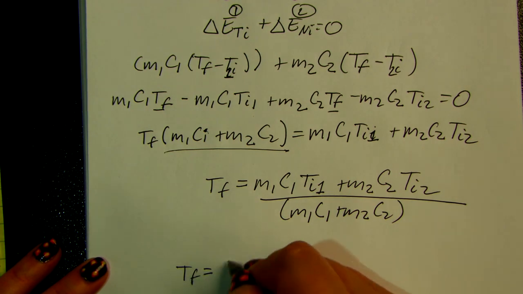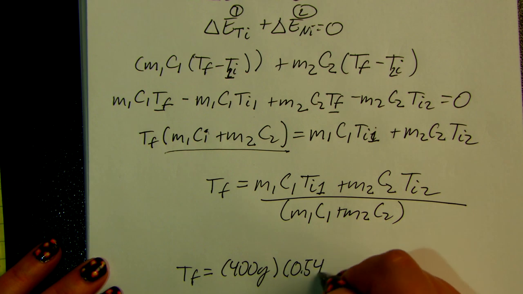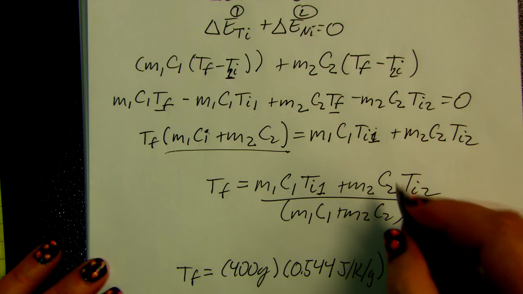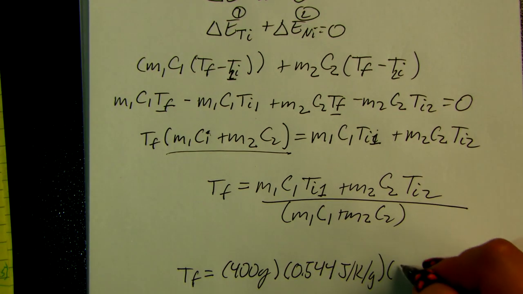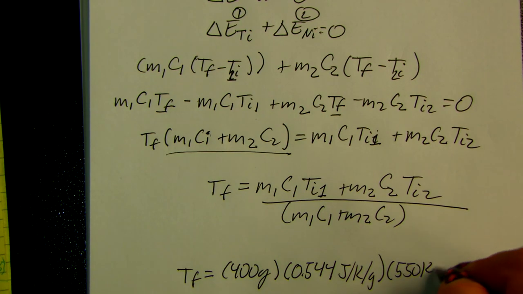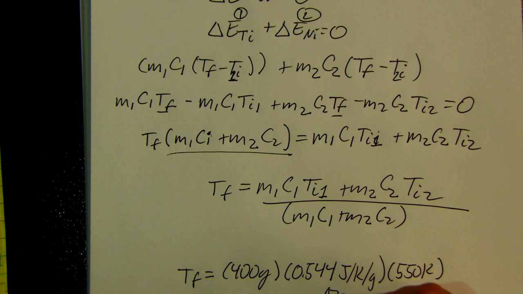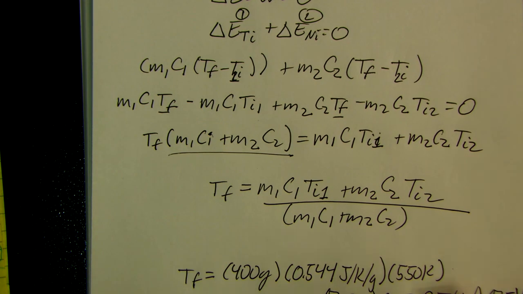All right, so let's plug in our numbers. T final is equal to 400 grams times 0.544 joules per Kelvin per gram times 550 Kelvin plus 700 grams times 0.502 joules per Kelvin per gram times 275 Kelvin.